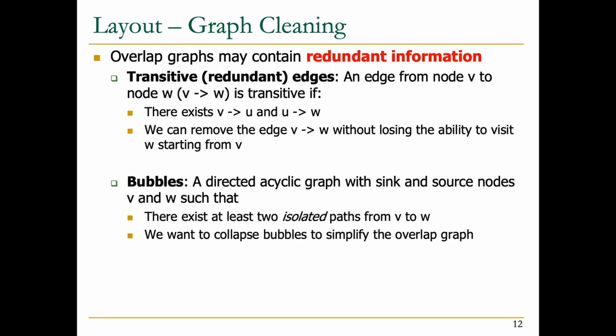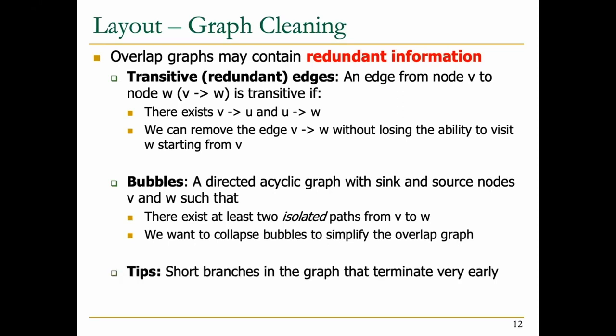Here, there is a chance that you may lose connectivity information, but if you do this step after the transitive edges, then you should be safe to do the bubble collapsing or removing step as well, because we did the transitive edges earlier.